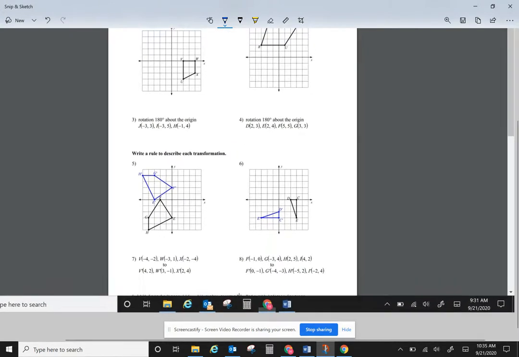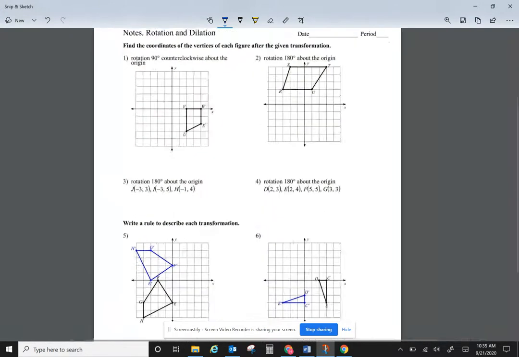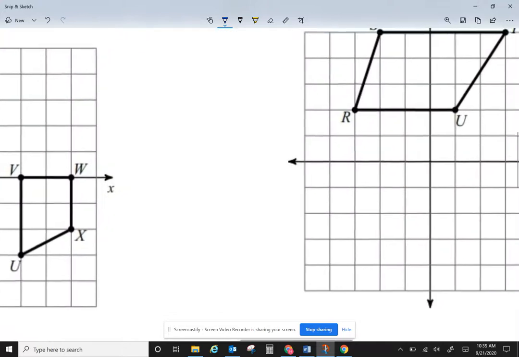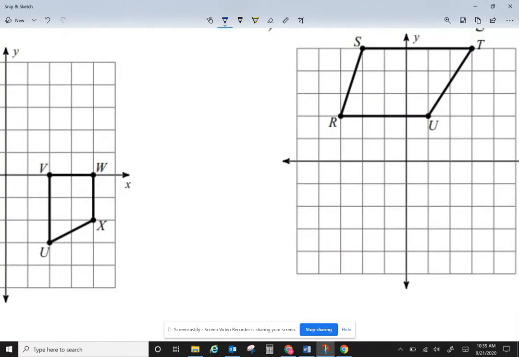So to begin with, let me start by giving you guys rules for special cases. I'm going to be dealing with 90 degrees cases. So let me start with 90 clockwise. If I have an image that rotates 90 degrees clockwise, my X and my Y value are going to switch.